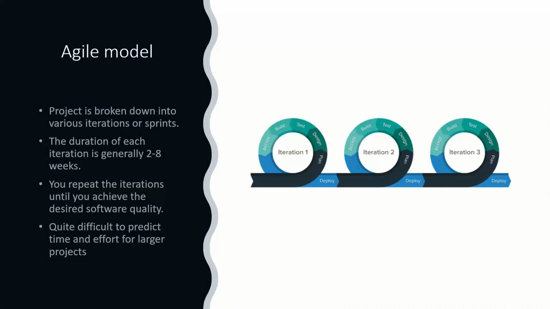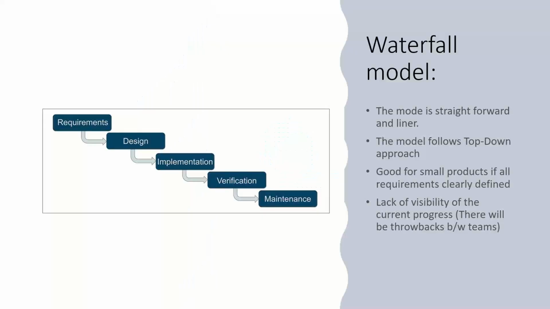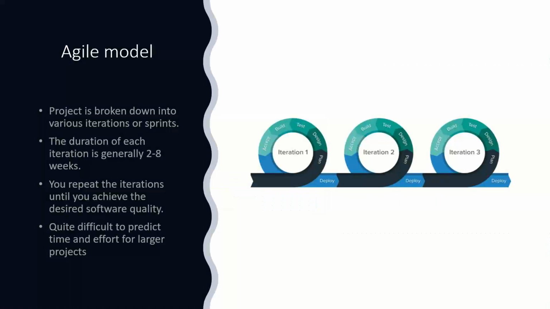Again, the agile model also replicates the SDLC process completely, but what has been developed from the waterfall model to the agile model is that instead of developing the software in one go, they develop the software in iterations, right? Iteration 1, iteration 2, iteration 3. So they split their development process into three phases.